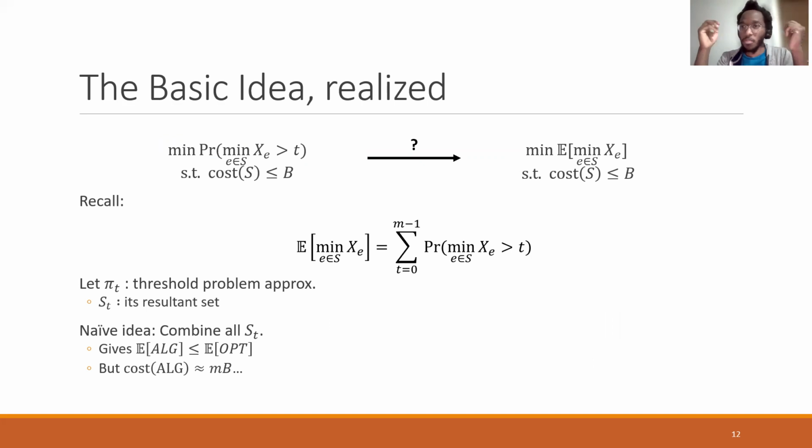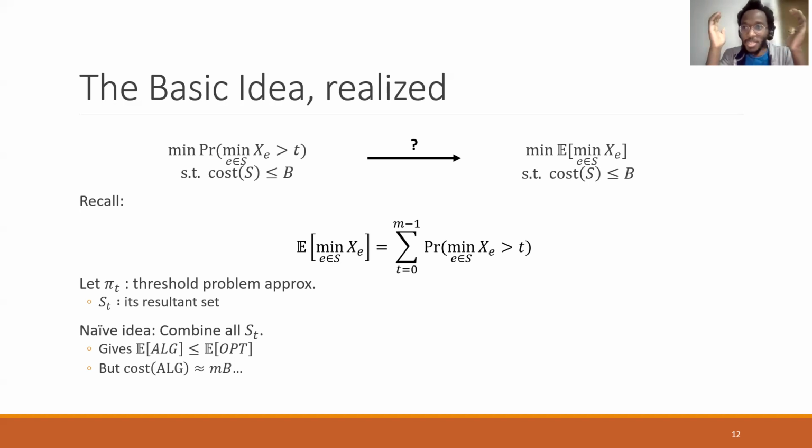We have a policy that we can run to accomplish this minimization, right? How do we turn that into a policy that minimizes an expectation? So just go back to this expectation as a sum of tail probabilities, and we'll define pi sub t as the policy that we're using to approximate this threshold problem, and S of t as its resultant set.